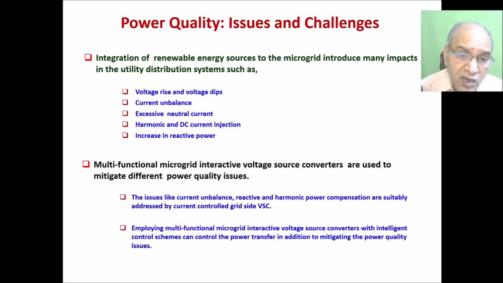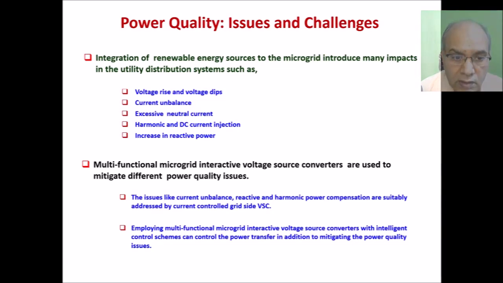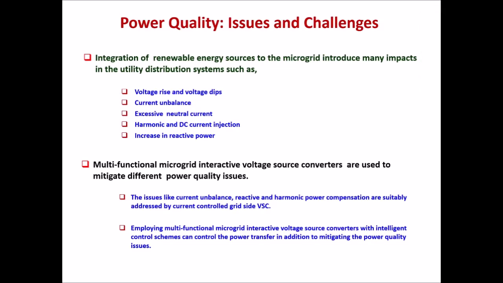Now you may ask what power quality issues mean here. For example, the voltage rise and voltage dips on the grid side, can we address them, even to remain connected to the source, the load to the grid, current unbalance, excessive neutral current, harmonic and DC current injection, increase in the reactive power, and trying to use this voltage source converter to address these issues.